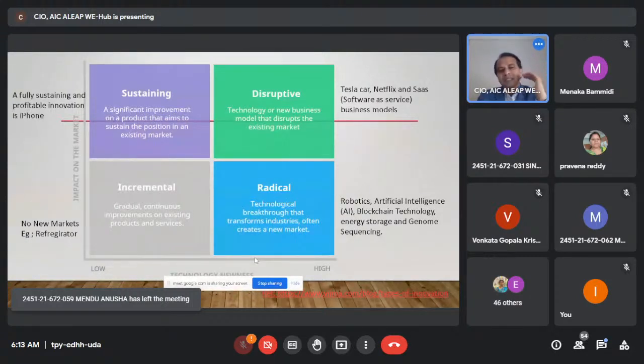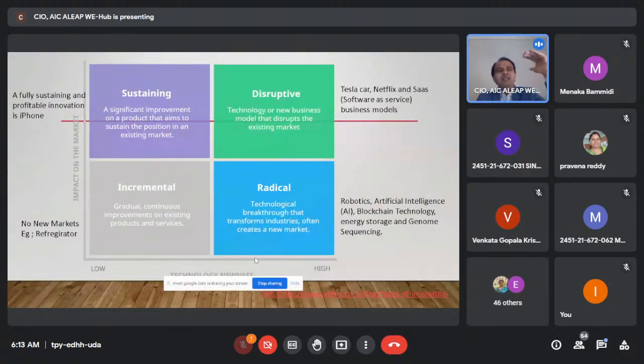That means the impact on the market increases. If you see the incremental innovation, the impact in the market is always low. When we talk about sustaining innovation, the impact in the market is very high.